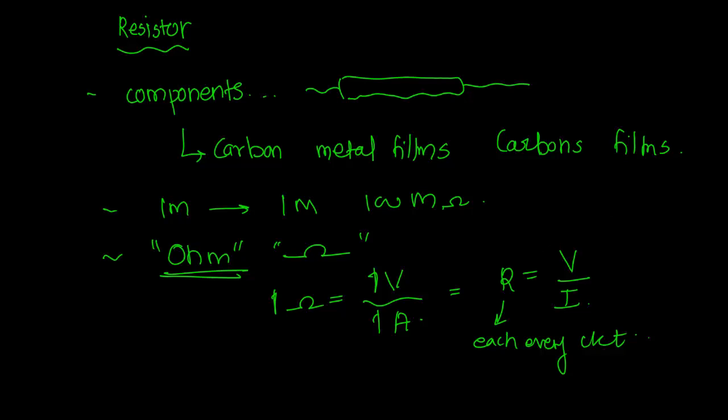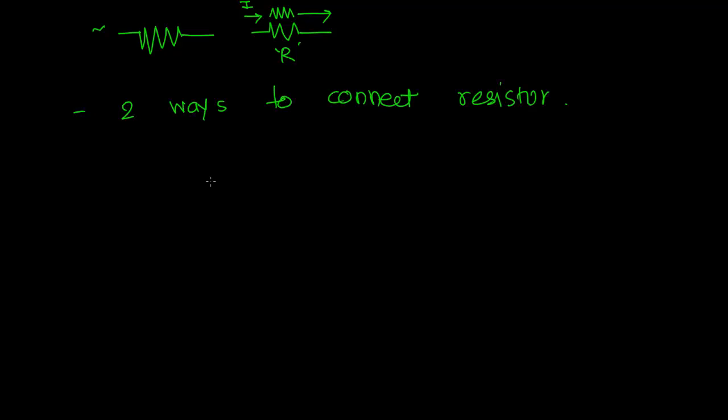So let's go ahead. Resistors are generally denoted like this, or this. That means when the current goes like this, it is not really an easy path for the current. That means there is some resistance, and we write R. There are two ways in a circuit to connect resistors.